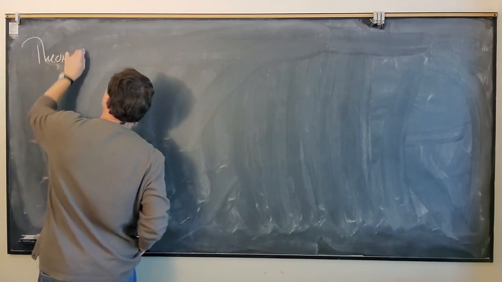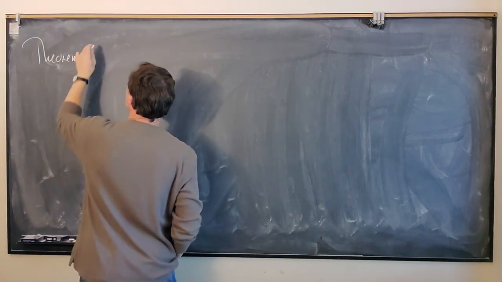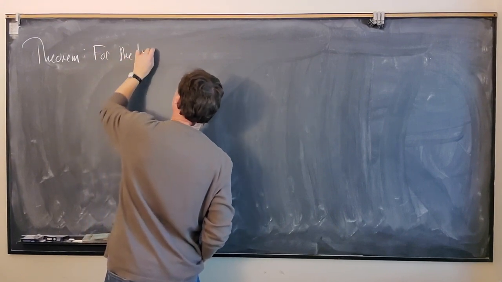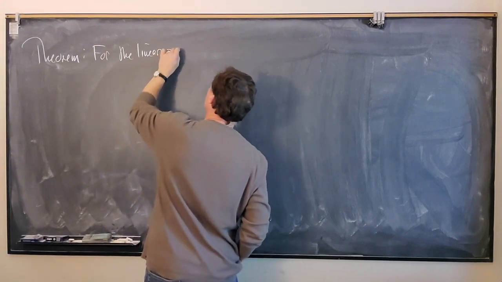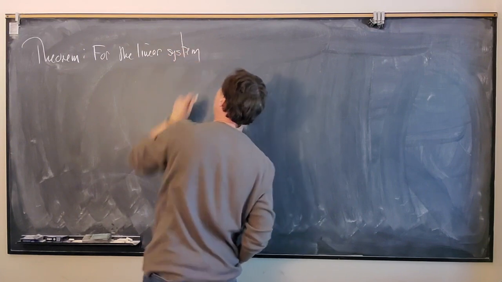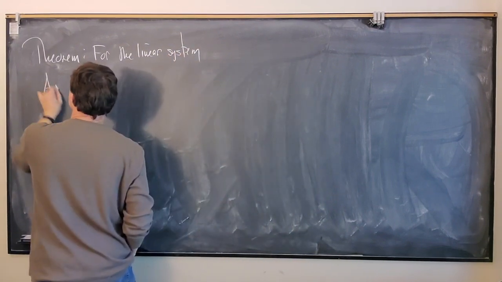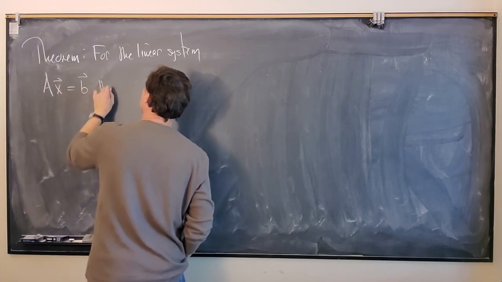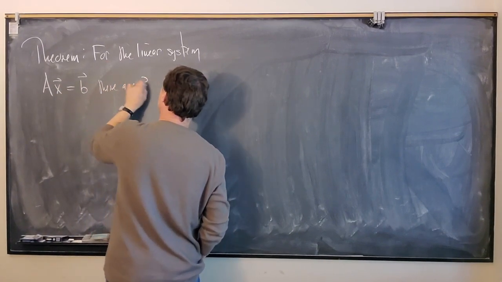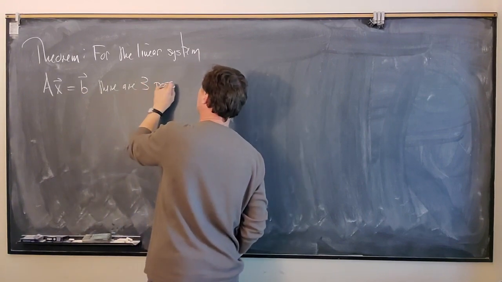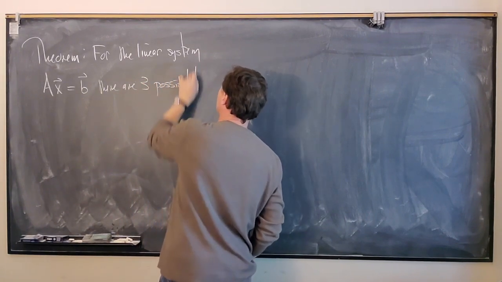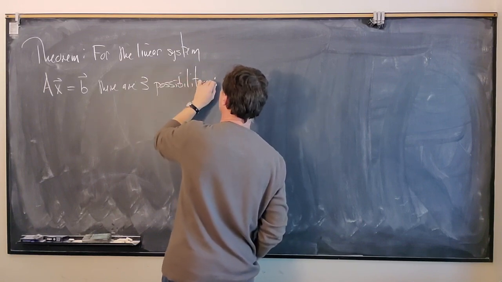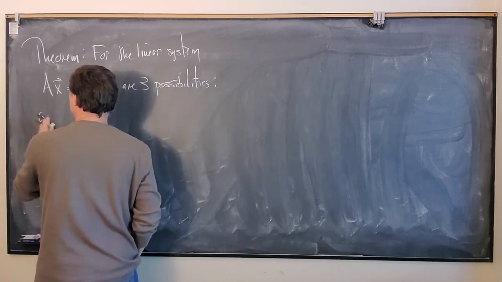So I'm going to write this down as a theorem for a linear system. And I want to write this in matrix notation, AX equals B. There are three possibilities. Exactly one solution.